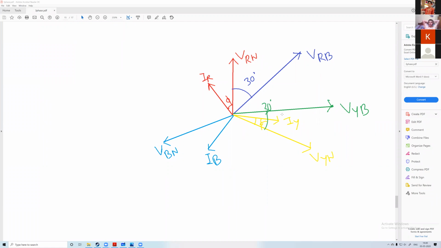Everything else remains same. It is the same star connection, and the wattmeters are connected exactly the same as the last case. Only thing that has changed is the power factor is now leading instead of lagging. So what will W1 read? You can write it in the chat.